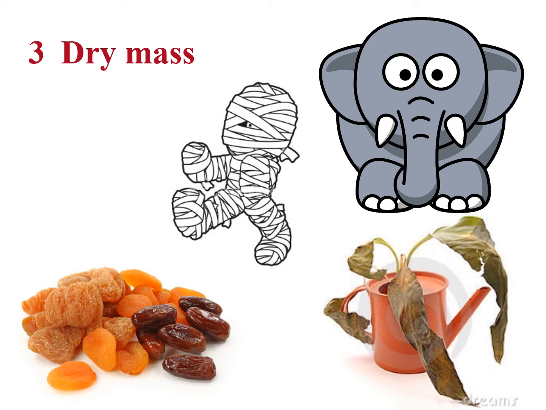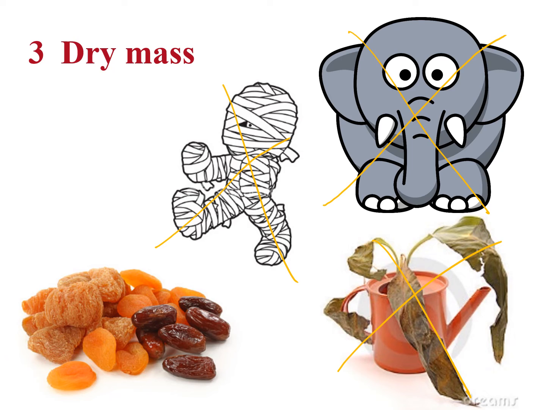So what are the advantage and disadvantage of doing dry mass measurement? Advantage: it is very, very accurate in getting the organic matter amount. However, disadvantages: for very, very big organisms, you cannot do the measurement. You cannot measure the dry mass of an elephant, right? After measurement, the organisms are all dead, so you cannot do continuous measurement.